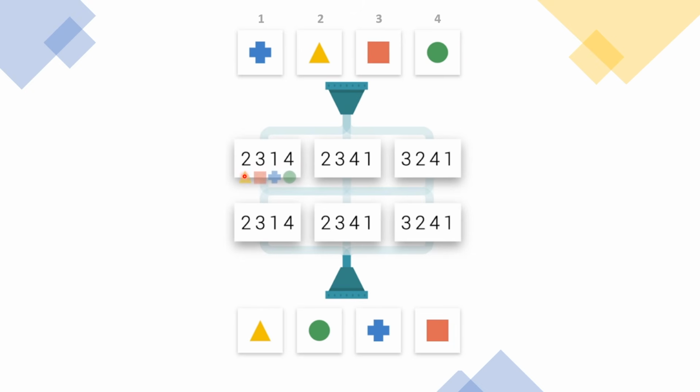So 2 is the triangle, 3 is the square, 1 is the cross, and 4 is the circle. And then we do the same thing for this operator. So 2 is the triangle, 3 is the square, 4 is the circle, and 1 is the cross.